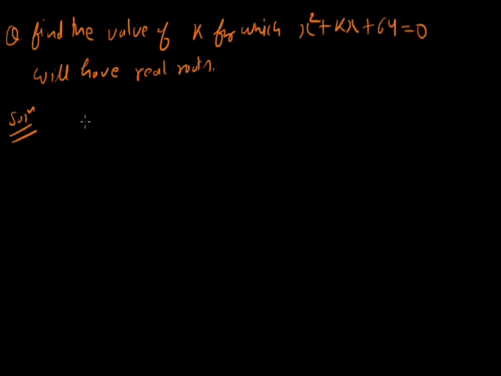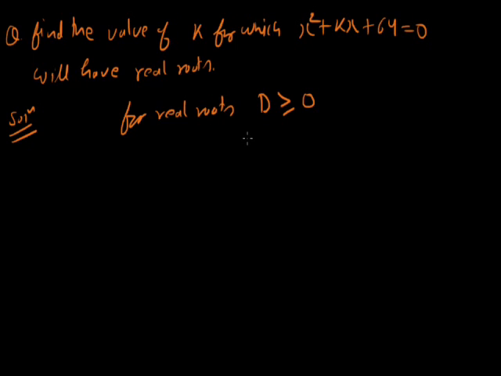We know that the condition for real roots is that the value of discriminant should be greater than or equal to 0. If the discriminant is greater than or equal to 0, then we can say that the equation has real roots.